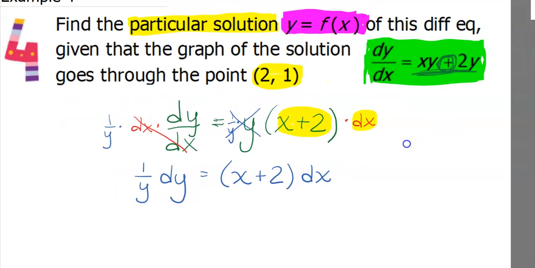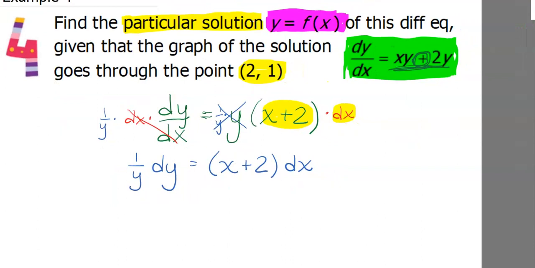Like I said, the only thing that's different from what we saw in the others is that we needed to factor before we started moving stuff around. If you tried some other algebraic stuff, you weren't going to get to this nice x times dx and then y stuff times dy that we have here.